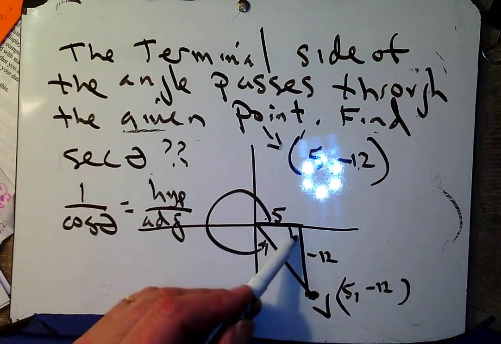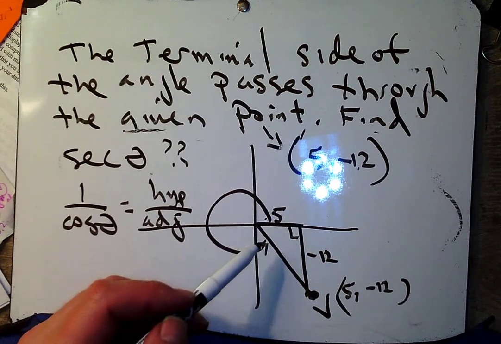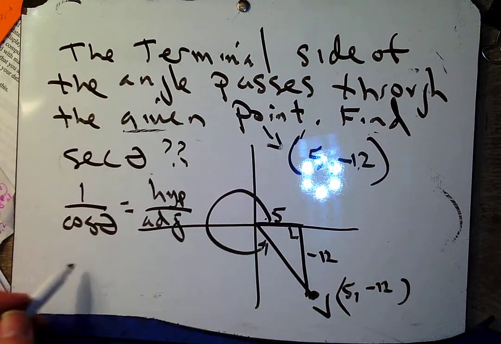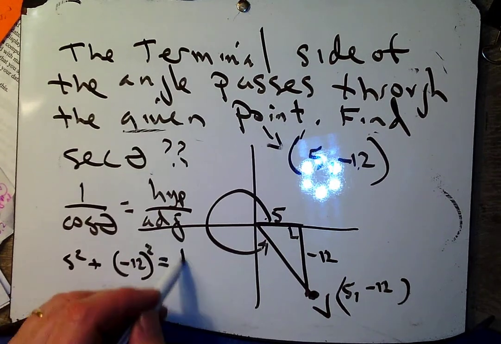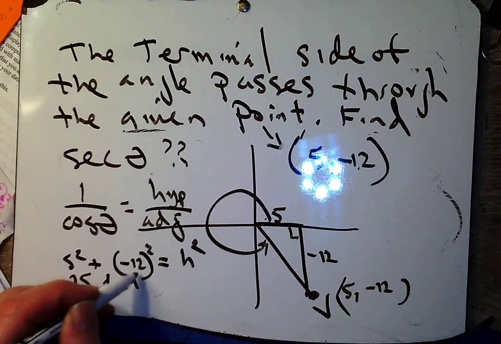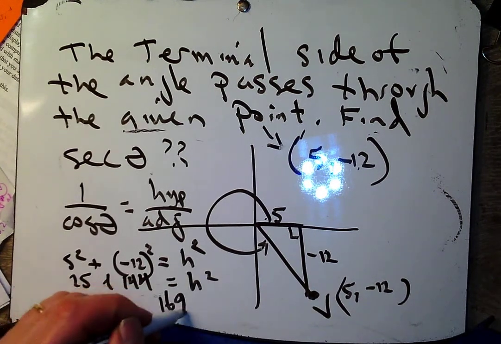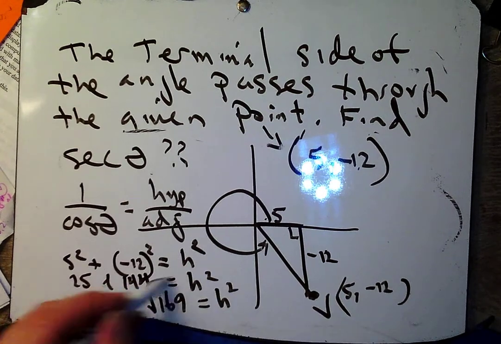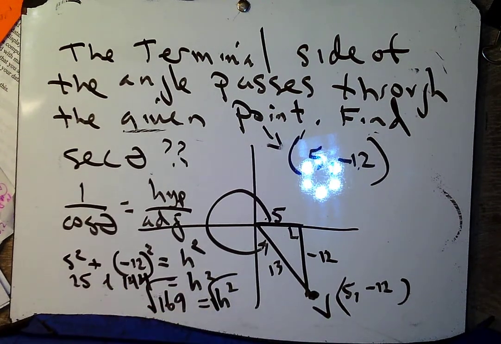Again, it's a right triangle in this unit, so I could either use the Pythagorean theorem, 5 squared plus negative 12 squared equals hypotenuse squared. 25 plus 144 is hypotenuse squared. 169 equals hypotenuse squared. And when we take the square root of each side, we see 13. I can do this with the Pythagorean theorem.